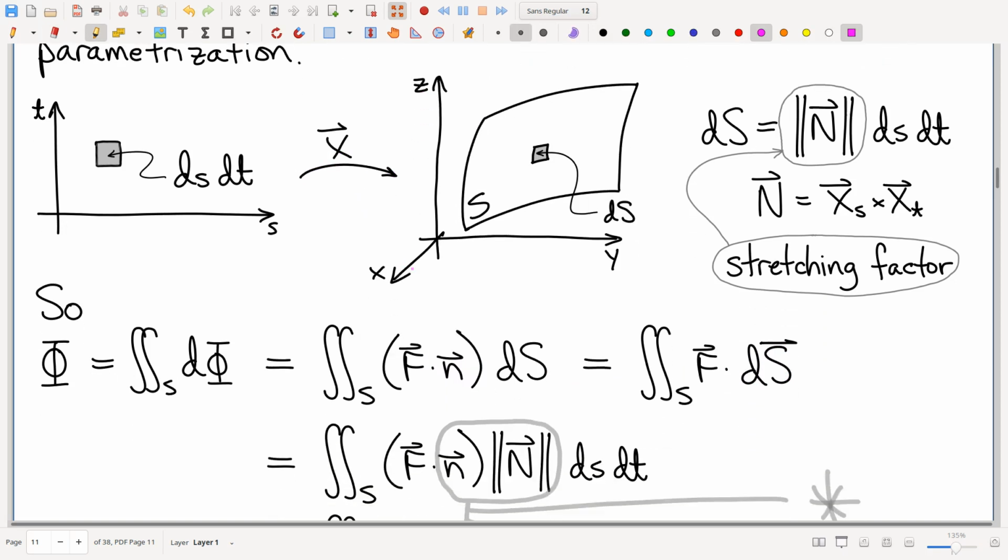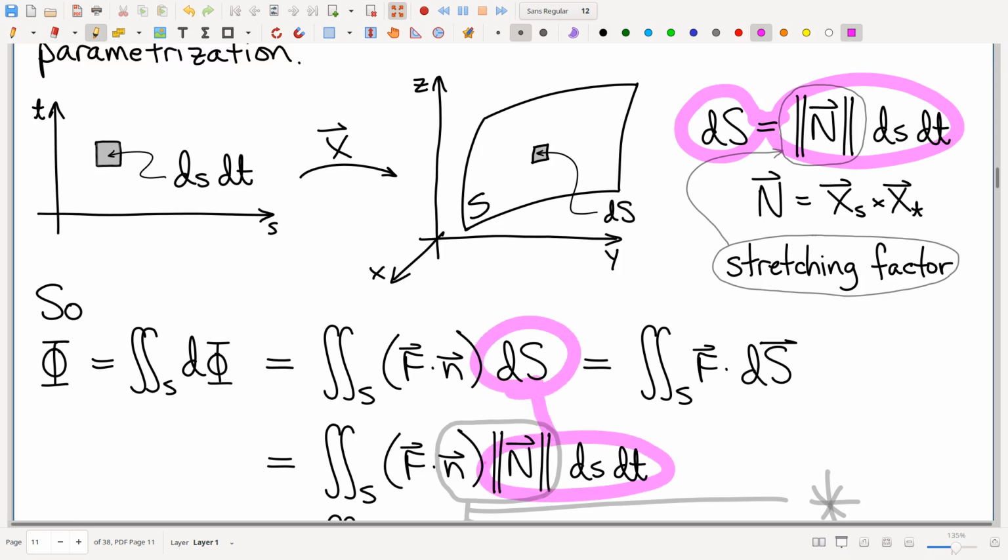And here's the clever move with ds already established as this. I can now look at little n times the magnitude of capital N, and there's a real clever, convenient rewrite that I can do on that.